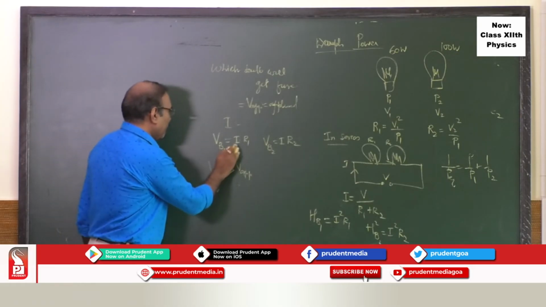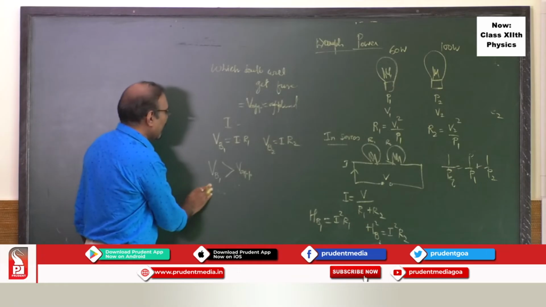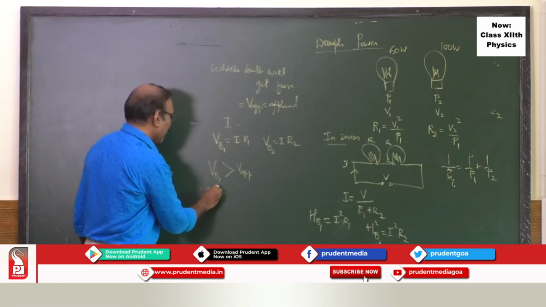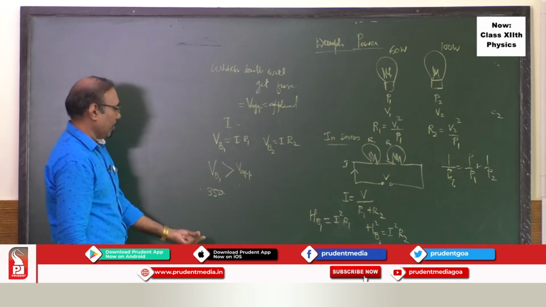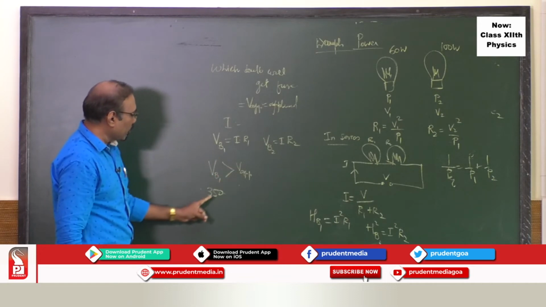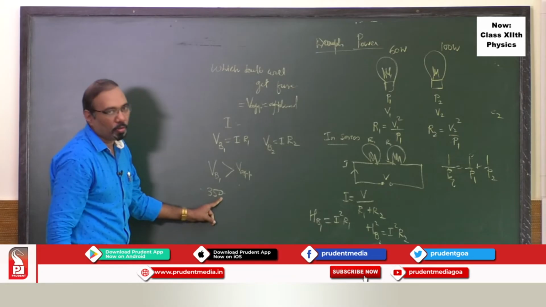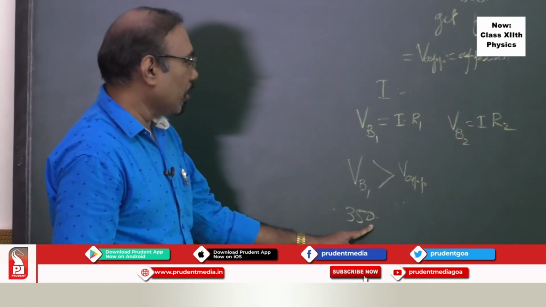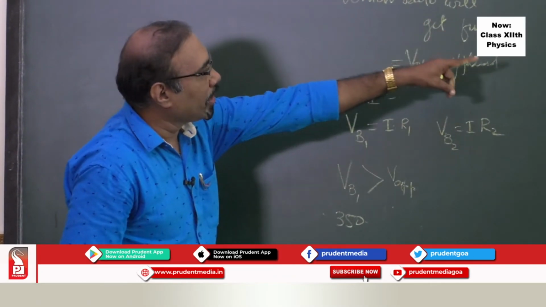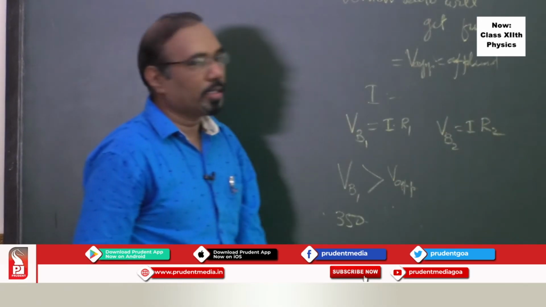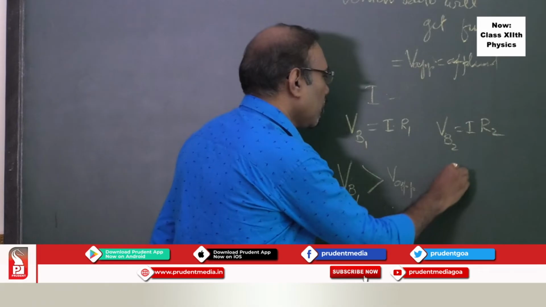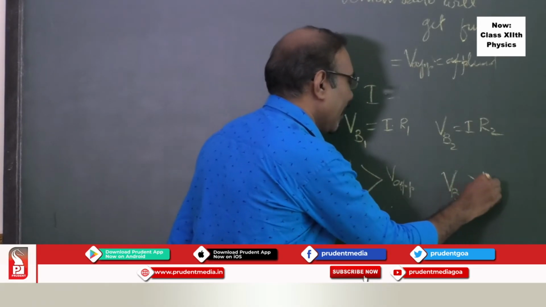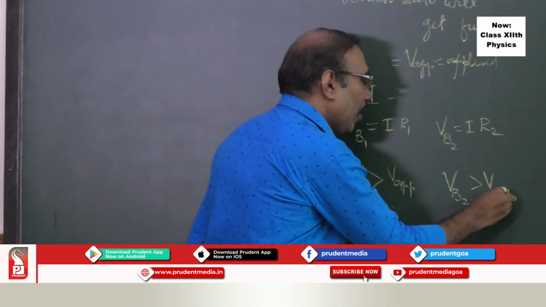And if the potential difference you get is say 350 volt, and the marked voltage V1 is say 220 volt, then this particular bulb will get fused. So we have to see which is greater, and accordingly you have to infer. I hope you have understood this.